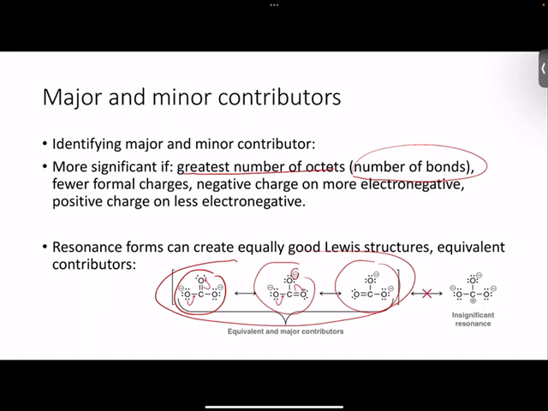They have 2 oxygens with negative charges and 1 double bond. Technically they look the same. The electrons are just represented in a different way, but they have the same equivalency.